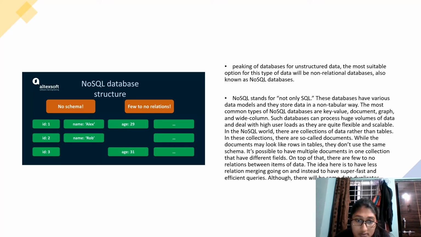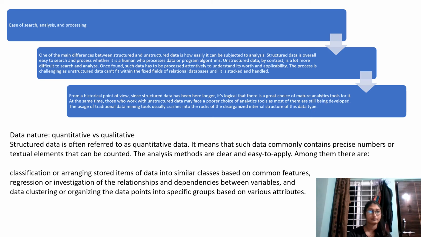In NoSQL databases, there are collections of documents rather than tables. Documents may look like rows in tables, but they don't use the same schema. It is possible to have multiple documents with different structures in one collection, unlike relational data types.